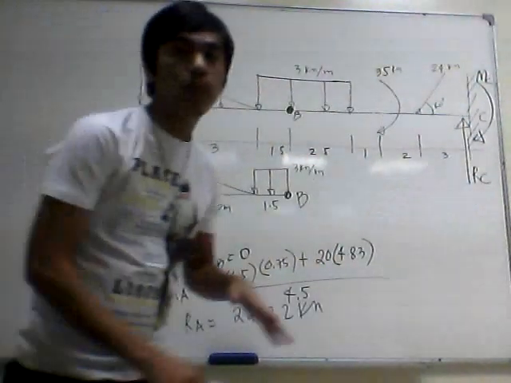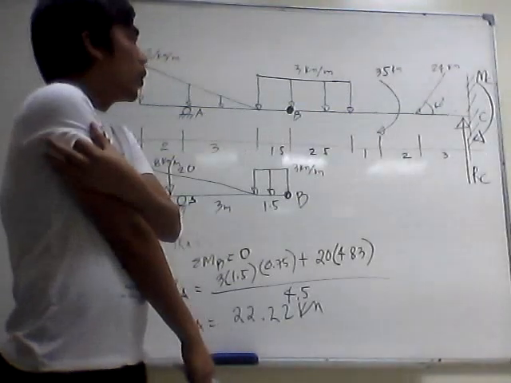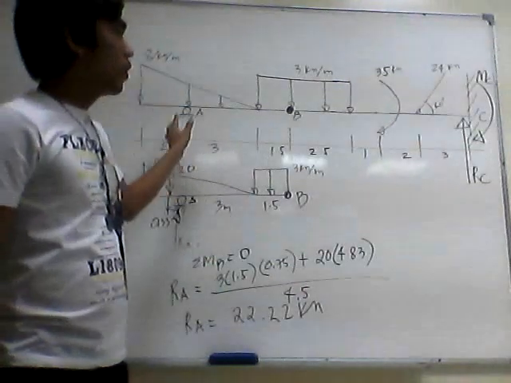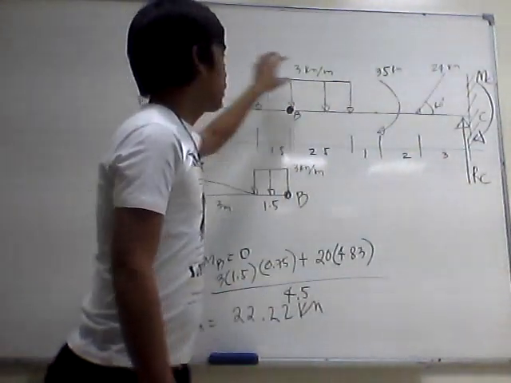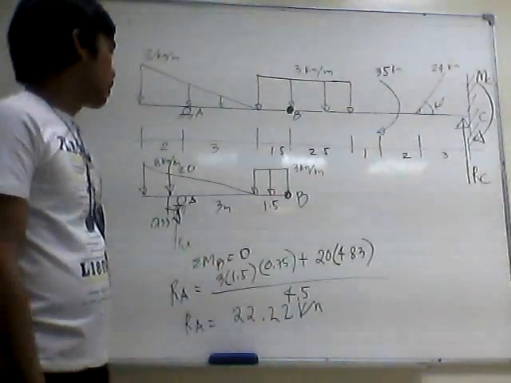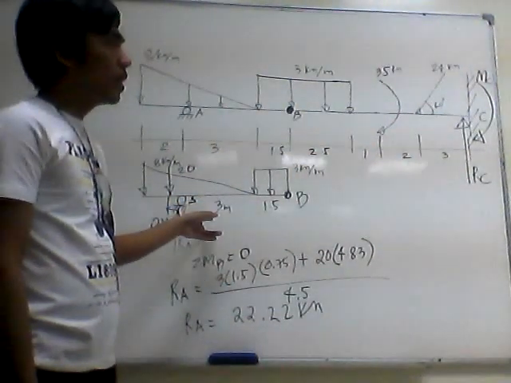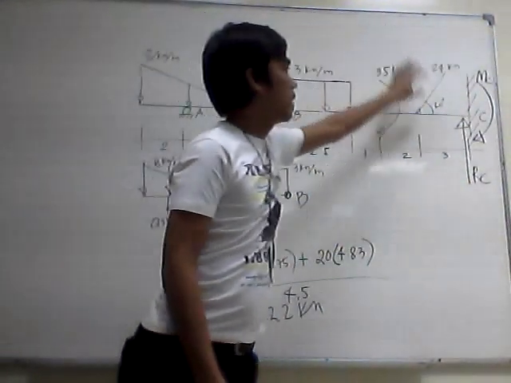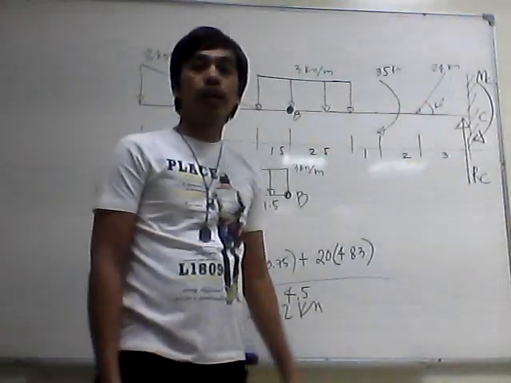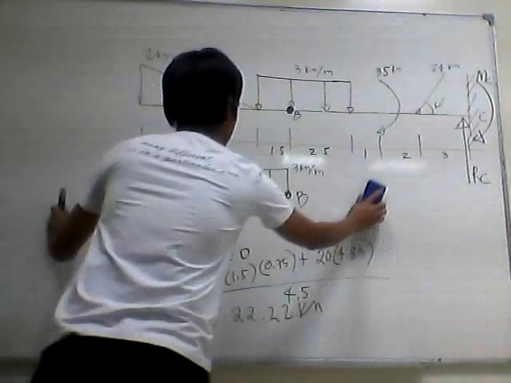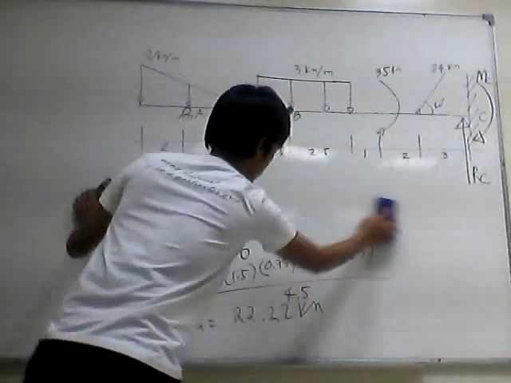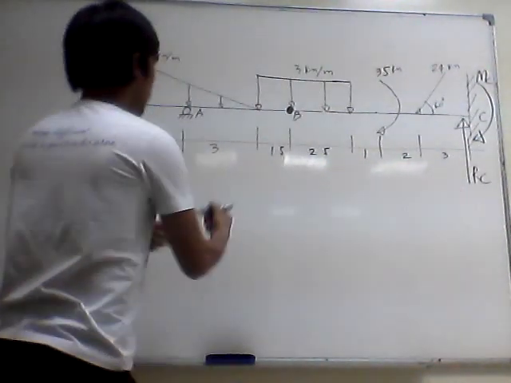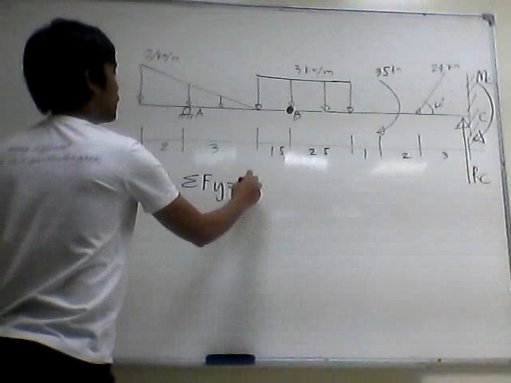So what we do first is consider the whole beam and take summation of vertical forces, considering the given external loads. Summation of forces vertical equals 0. Since we now have RA here, and these are the external loads, we can solve for RC. Let's start. Our next step is to solve for RC using summation of forces y equals 0.